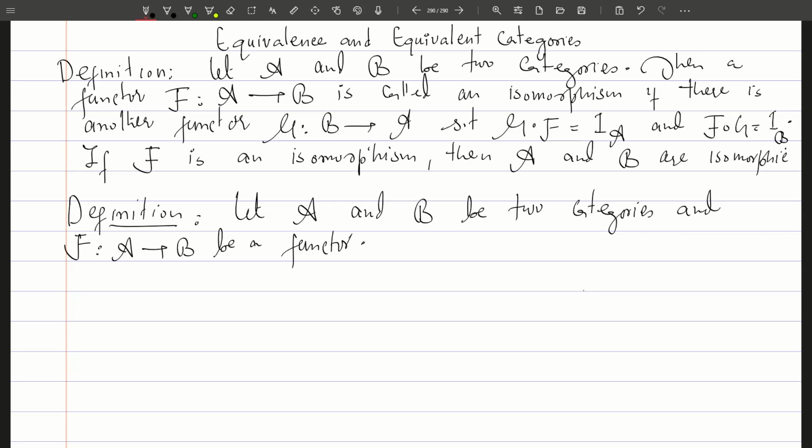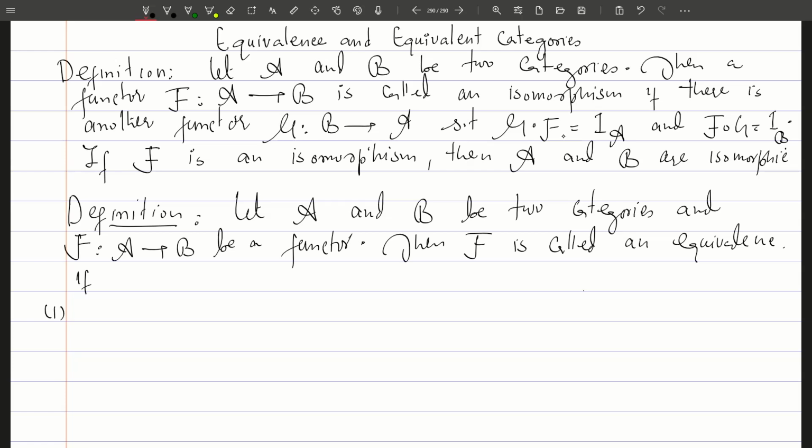Then F is called an equivalence if, so we have two items.